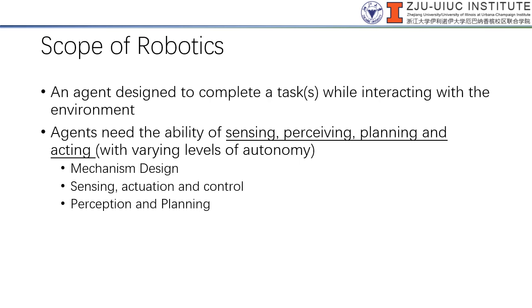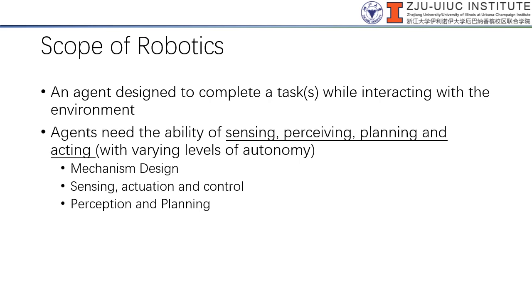To equip our machine with the ability of sensing, perceiving, planning, and acting on the environment, we need to look at a few different aspects, and that is what you're going to see in this course.